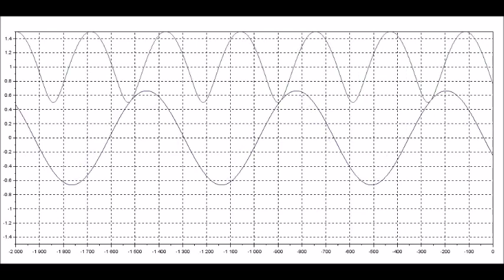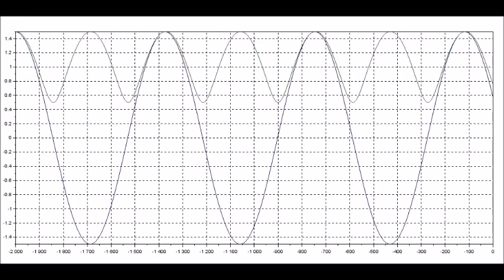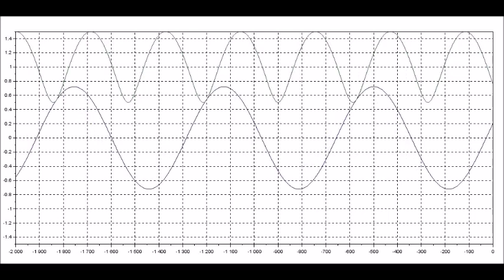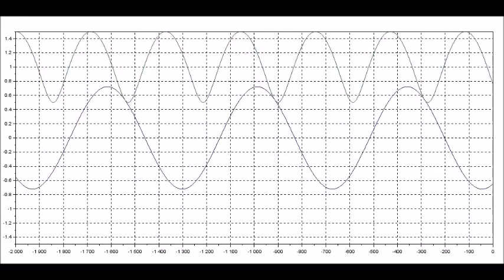And the other one which you see, if you observe it carefully, you can see that it is propagating in the positive z direction. The horizontal axis is the z axis. And you can see that the second sine wave, which is fluctuating in amplitude, is propagating towards the positive z direction.